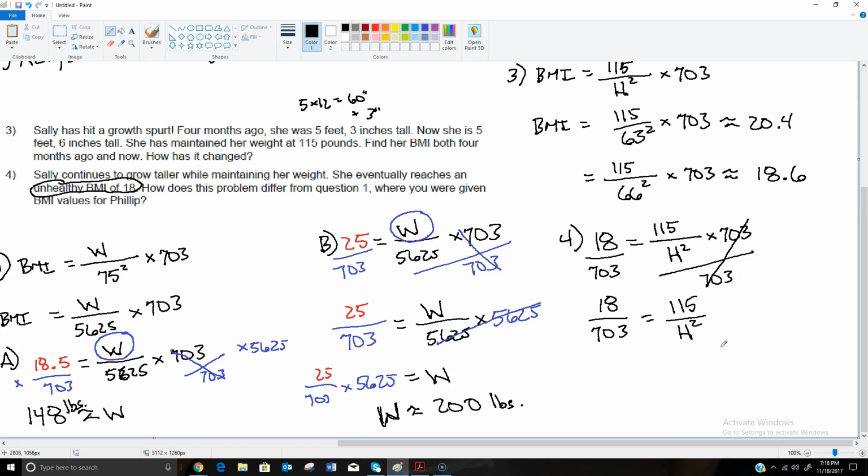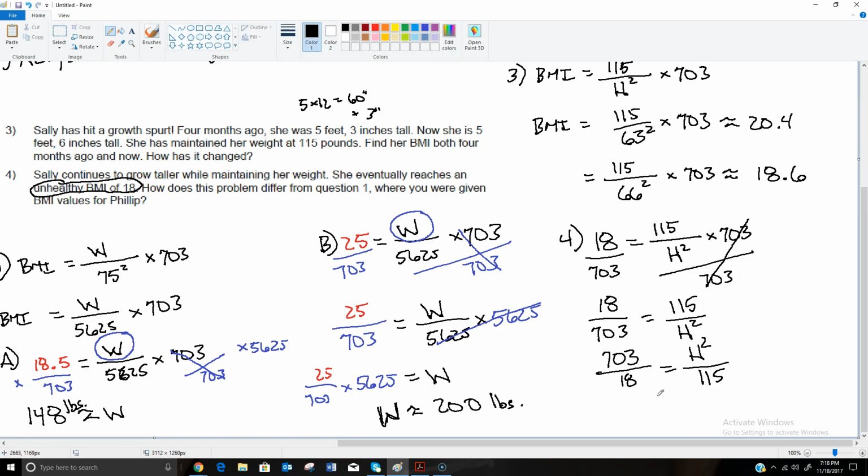Now, this may not be the way that some books would show this, but my favorite method at this point, since this h squared is on the bottom, is to actually flip both sides of this equation. As long as I flip the fractions on both sides, they should still be equivalent. So I'm going to flip both sides and make it 703 over 18 equals h squared over 115.